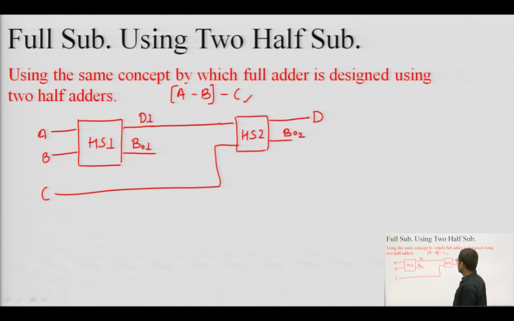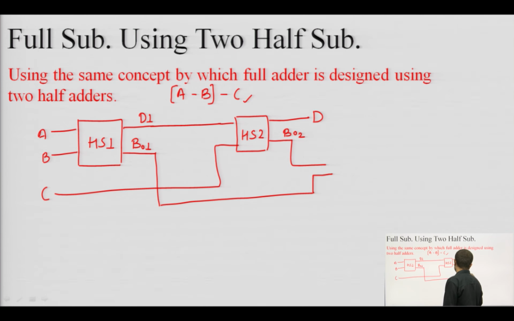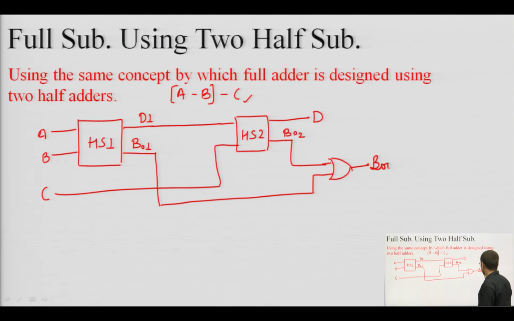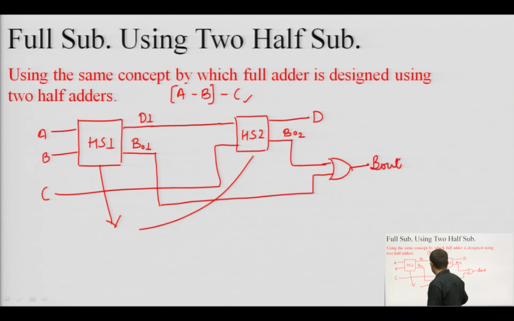So, these are the 2 borrows generated by 2 different half subtractors, and both these borrows will further be added together to prepare the final B out. So, this is the block level representation of this half subtractor based full subtractor. 2 half subtractors are being used, and again these half subtractors, this one and this one, can be replaced by the actual circuit of the half subtractor, that is this one.